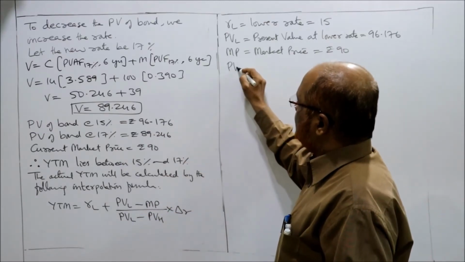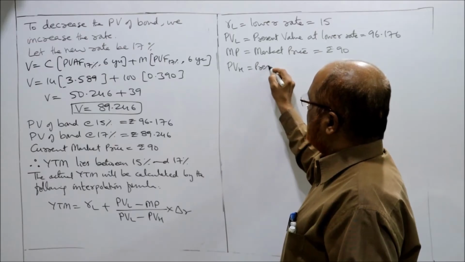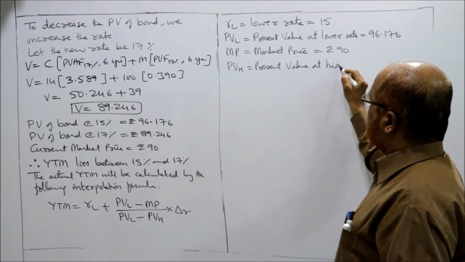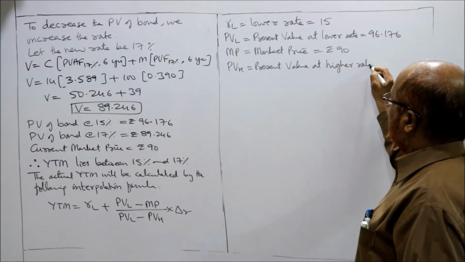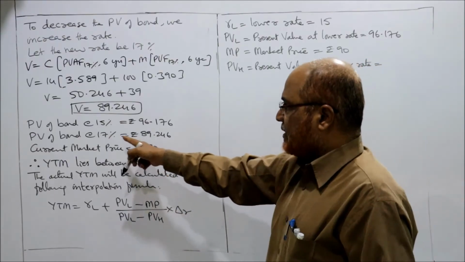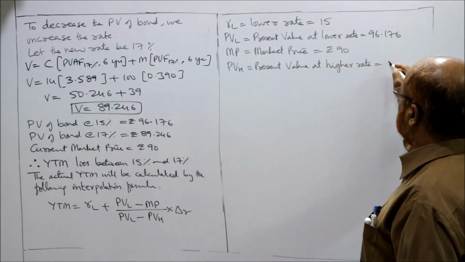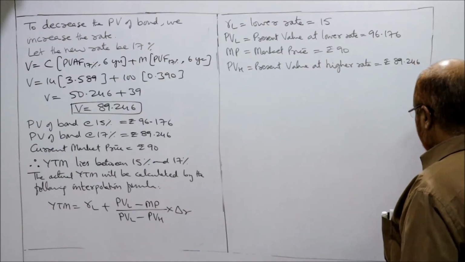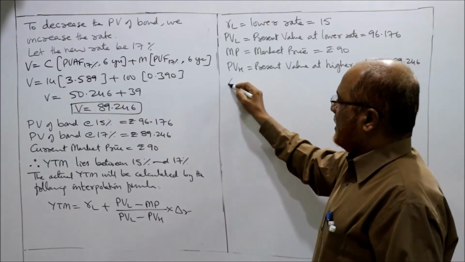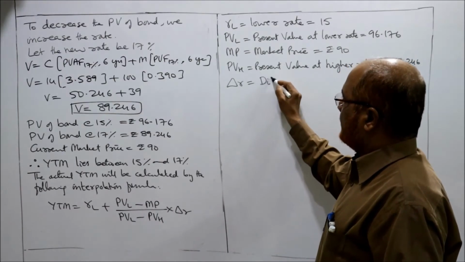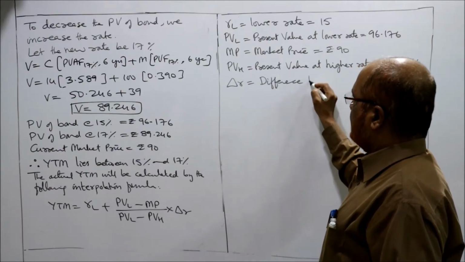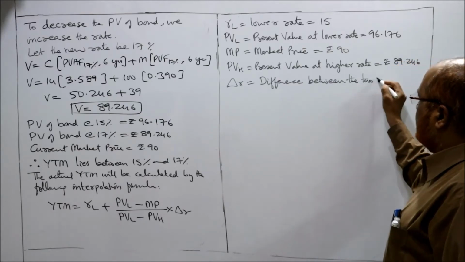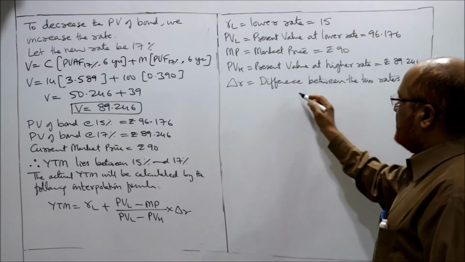Then PVH, present value at a higher rate, which is 17%, say 89.246. Delta R is the difference between the two rates.